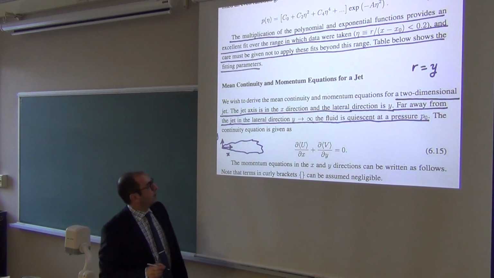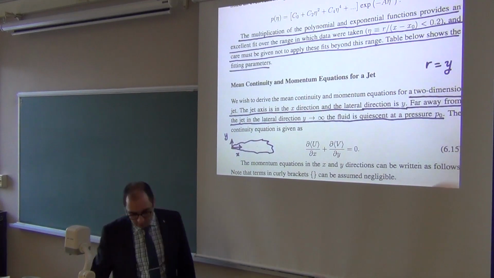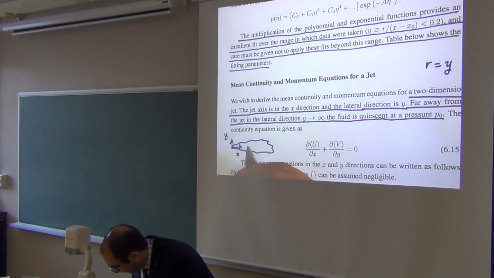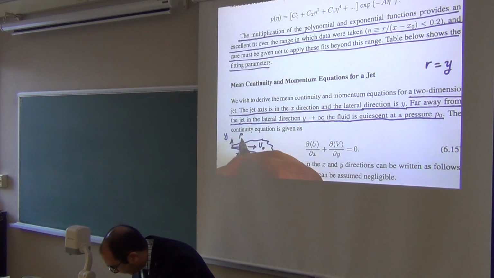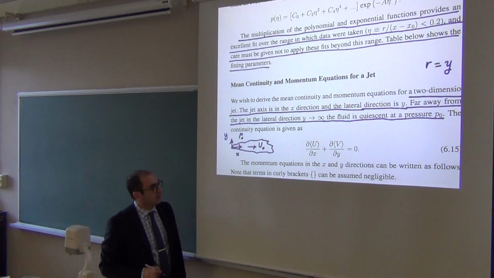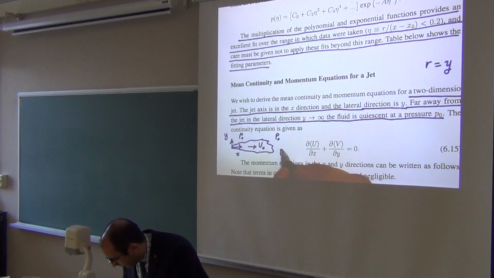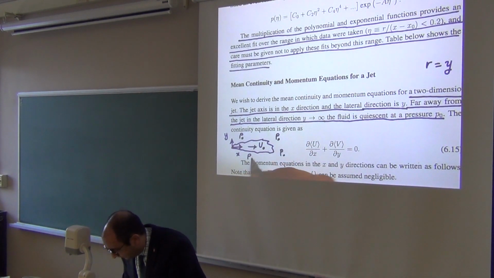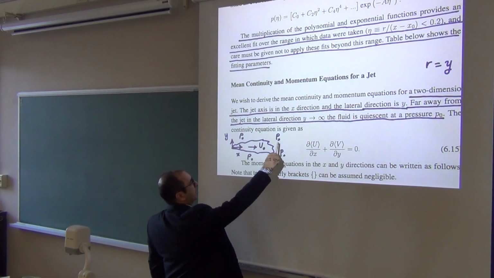So your jet is going from left to right. Okay, that's your jet. That's U naught. And outside you have background quiescent pressure P naught. I mean, this could be P naught all around the jet where the jet does not have an influence. So all around this jet you have background pressure P naught.